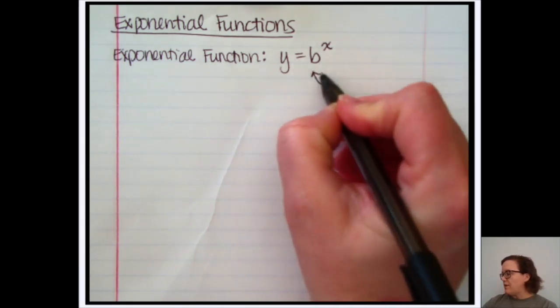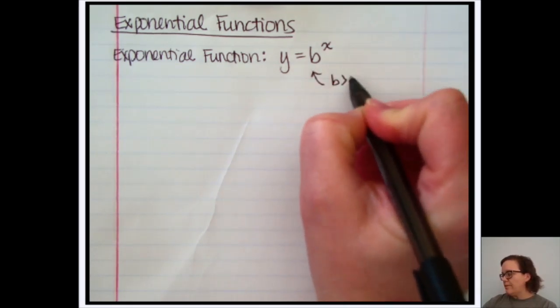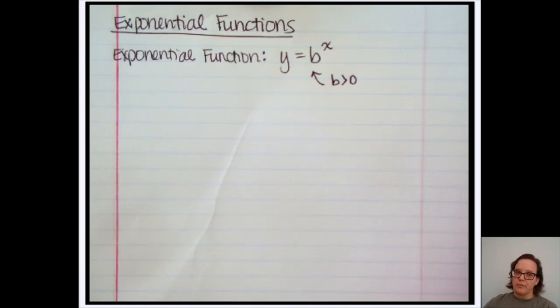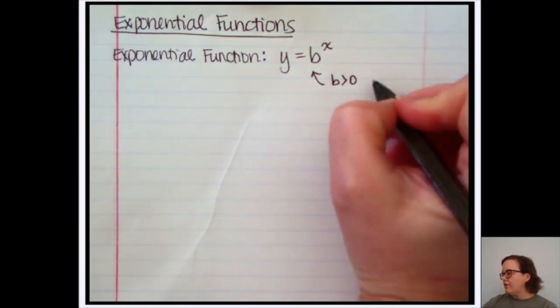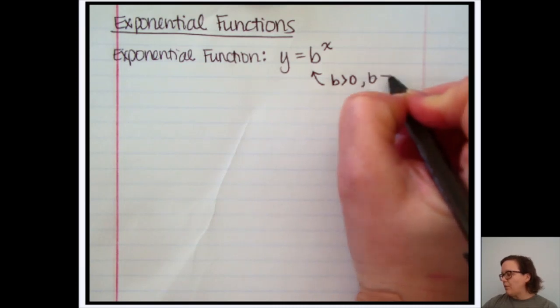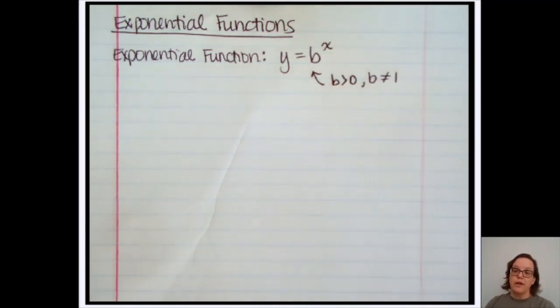We do want b to be greater than 0, not equal to 0. That'd be pretty boring. 0 to any power is 0. And also, we don't want b to equal 1 either, because 1 to any power is extremely boring because it's 1. So we want it to be greater than 0, but not equal to 1 either.